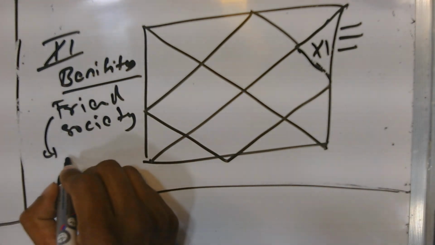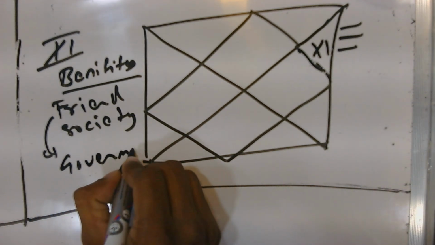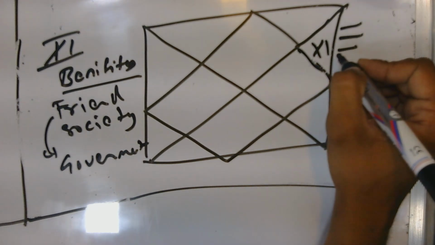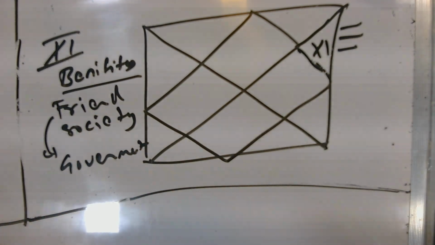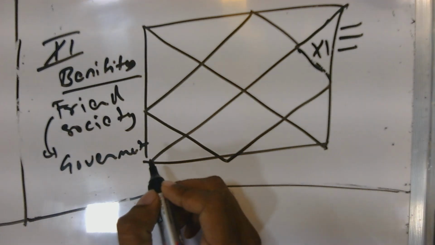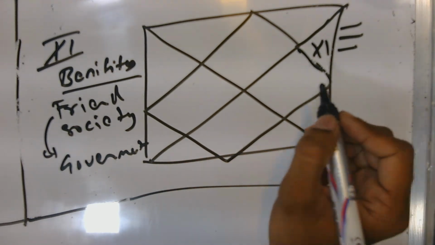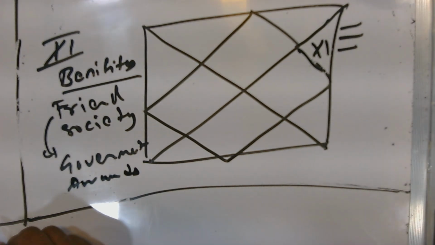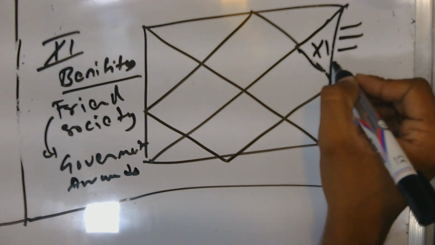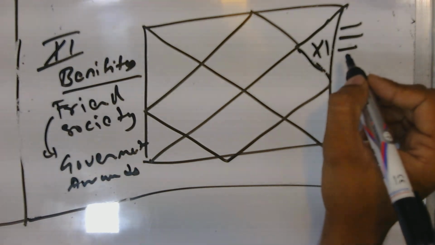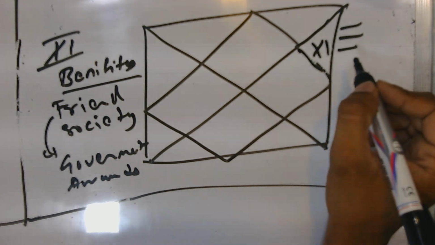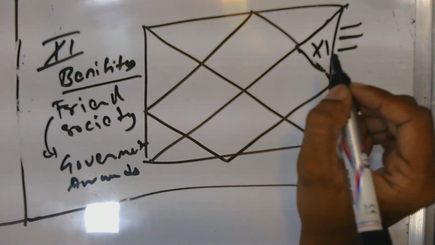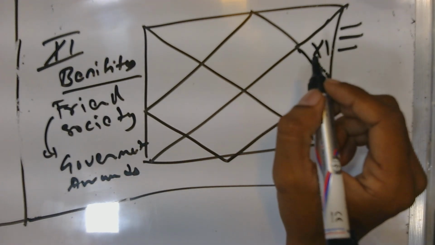This house is also related to government, like power. If you are having good placement in the house and you are getting any award from government, that is no surprise. This house is associated with awards, benefits, and government.